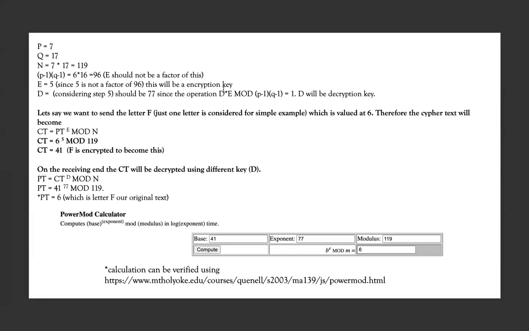If with the value of D such a situation is met, that when I multiply D by E and take the modulus with this value the answer is 1, then D will be my decryption key. So if I have chosen E as 5, let's see what D should be.